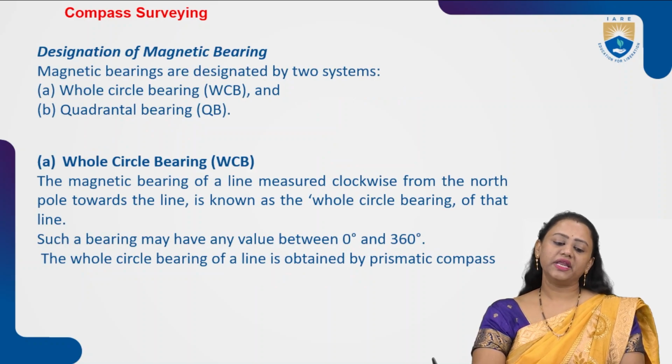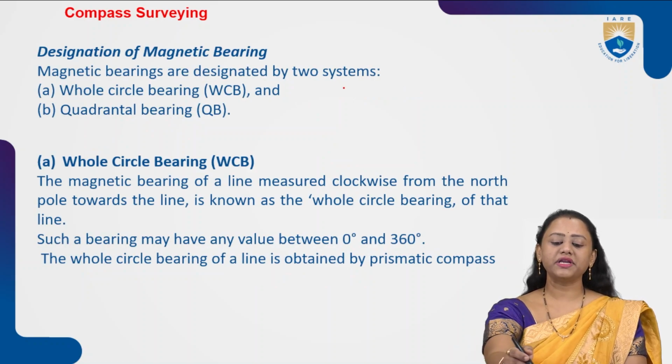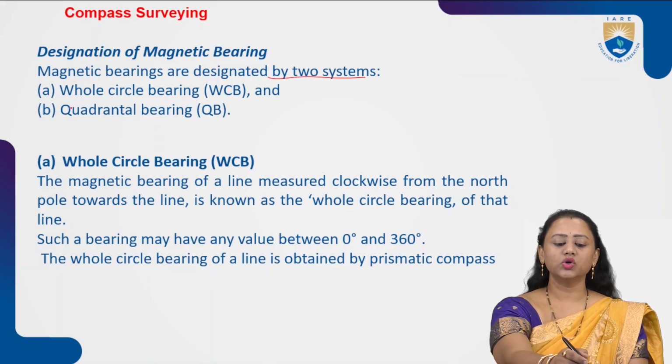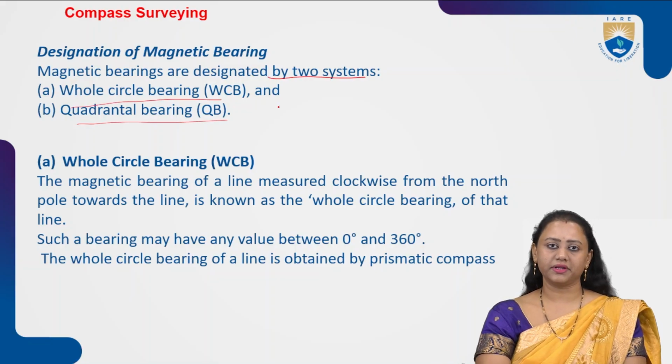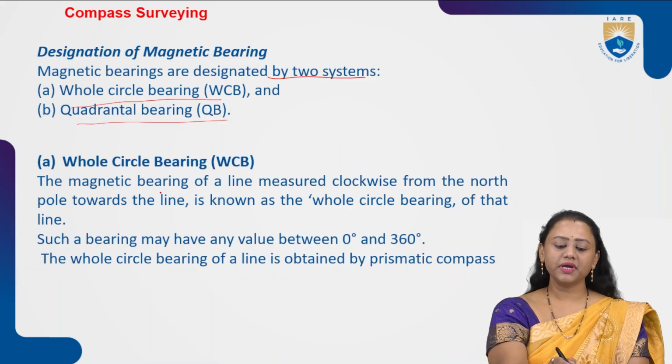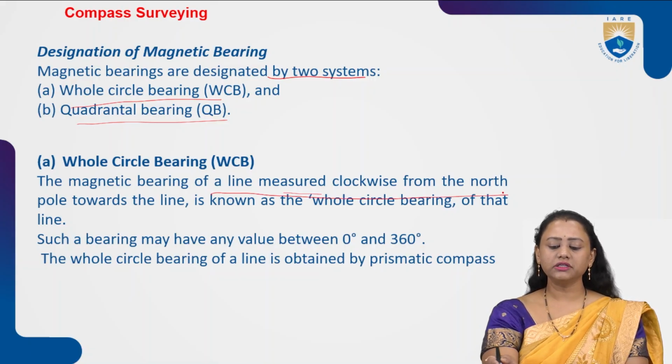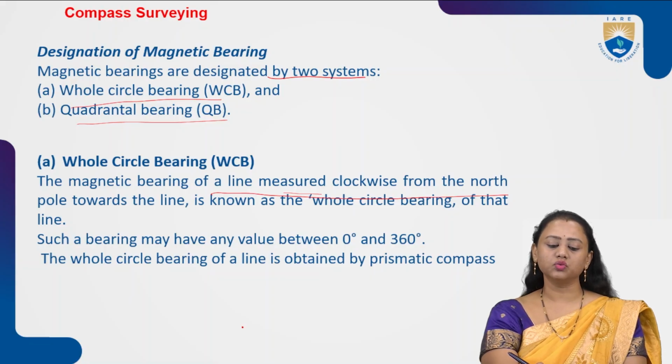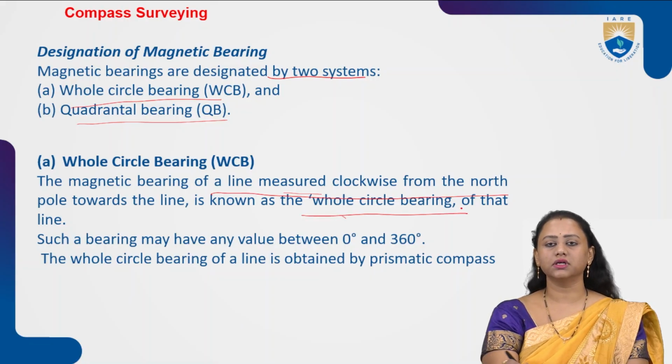Designation of magnetic bearings. Magnetic bearings are designated by two systems, the whole circle bearing and the quadrantal bearing. Let's look at the whole circle bearing system. The magnetic bearing of a line measured clockwise from the north towards the line is known as the whole circle bearing.